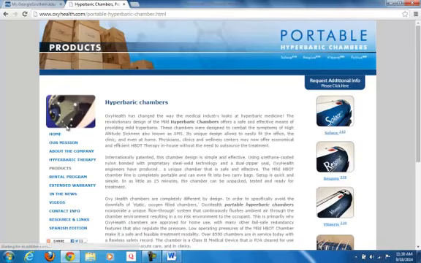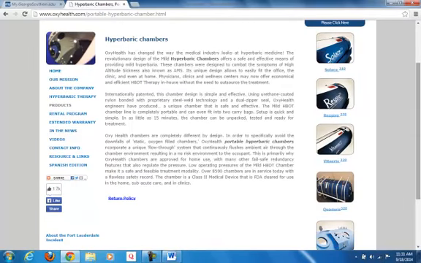I'm going to go to their products now and see what the products are and what's special about each product. Now I'm on this page and it has several different little things. They're talking about a soft shell one, which fits into two little carry bags and can be carried around. So it's not one of those hard ones that is completely stationary, but one that is portable. That is pretty neat.